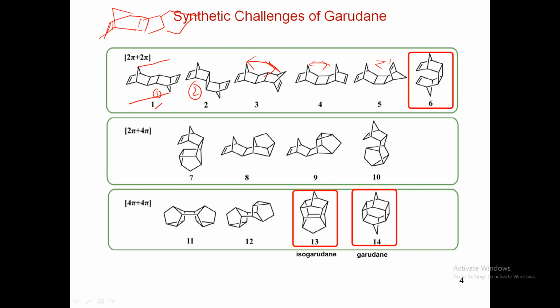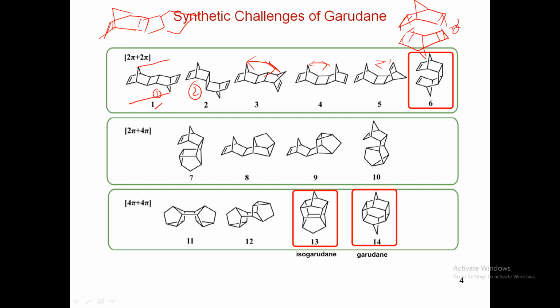So these two ends, if we do, actually not 4 pi, 2 pi simultaneously, this kind of 4 pi, 2 plus 2 cycloadditions would generate.